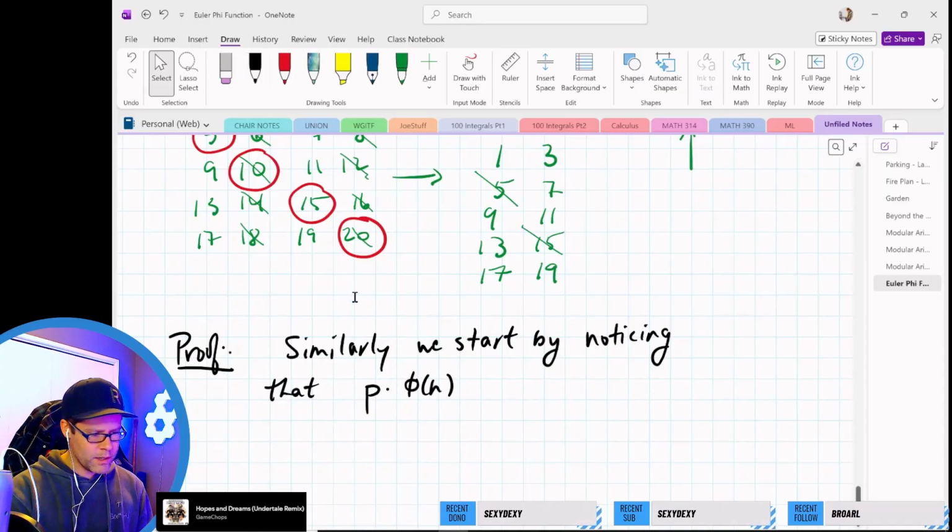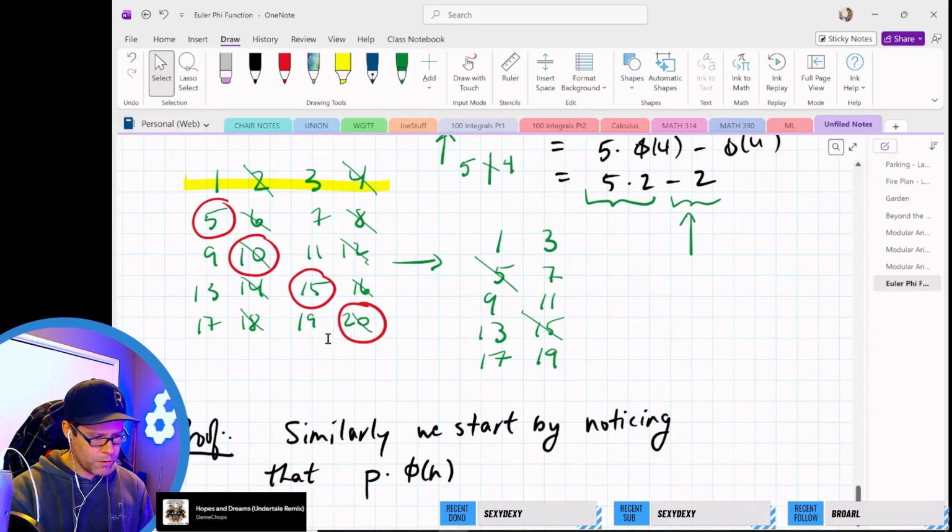Okay, so what we did was similar to what we did before. We took this array and crossed out numbers that were co-prime with 4, right? To get our 5 times 2, or our p times phi of n.